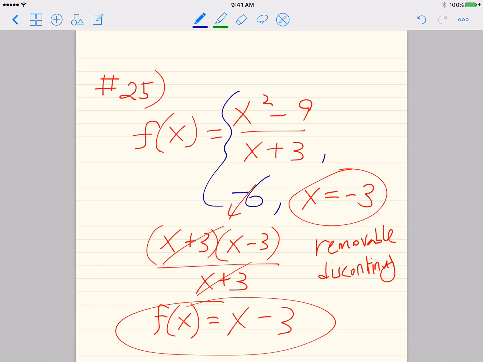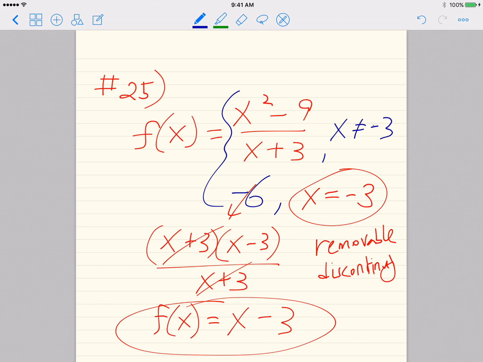So whenever x is not -3, you could use the original function, but whenever x equals -3, you could fill that hole, that removable discontinuity, by defining it with the value that it should be under with the behavior of that graph, or using the limit. The limit as x approaches -3 is -6.